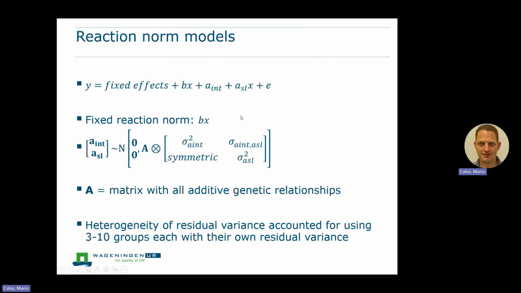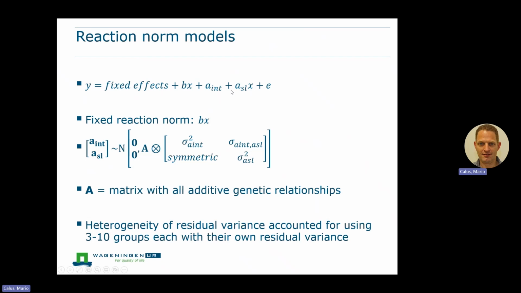And then in the simplest case, if we have a linear reaction norm, the individuals have a breeding value for what we call the intercept. So that's a constant breeding value term regardless of the environment, plus one for a slope. And this is obtained by doing a so-called random regression of the phenotype of the individual on an environmental descriptor.